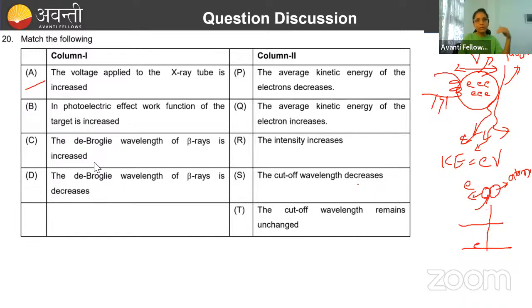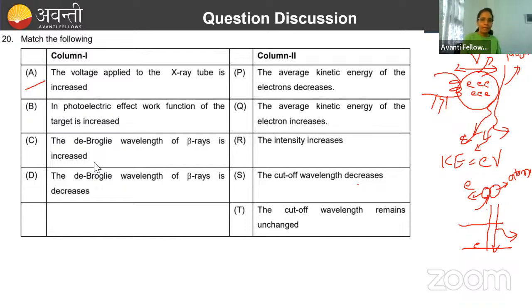And when it comes back, it will release a photon of higher energy, which means the cutoff wavelength will decrease. Done. So yes, cutoff wavelength decreases. Cutoff wavelength remains unchanged? No. So for the first, what will the option be? अगर आप carefully देखोगे ना, you will get the answer. So for the first we get Q, R, S, all these three.